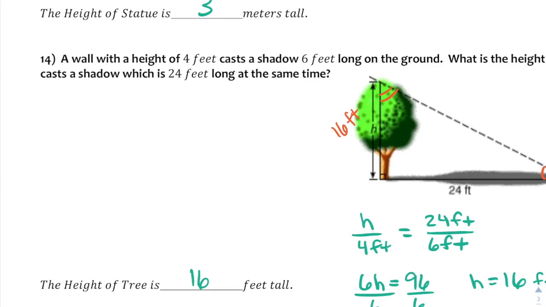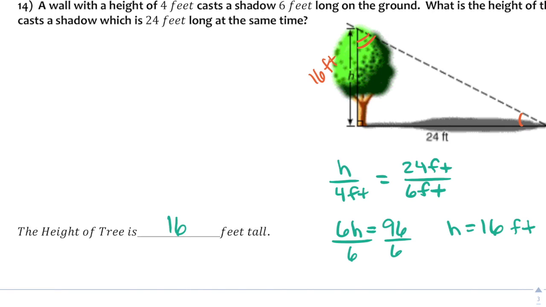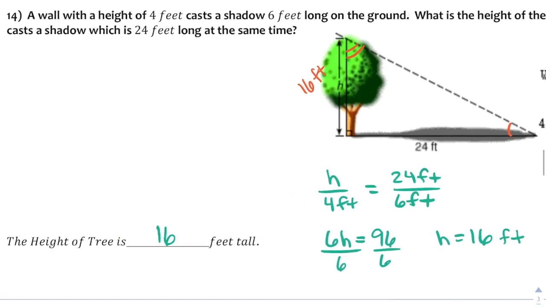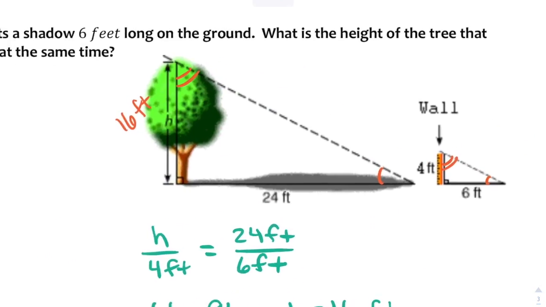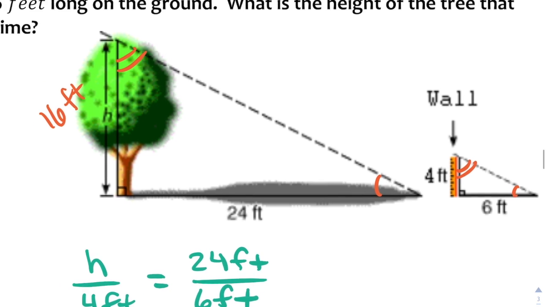Okay, so number 14, a wall with height of 4 feet casts a shadow 6 feet long on the ground. What is the height of the tree that casts a shadow which is 24 feet long at the same time? Well, we're going to set up 6 is to 24. Well, let's go large to small.